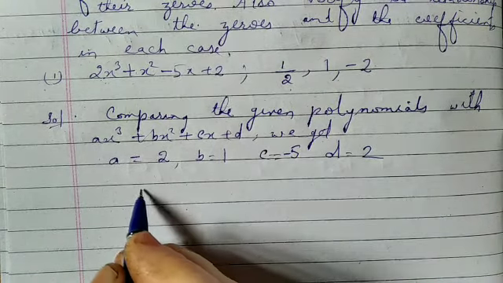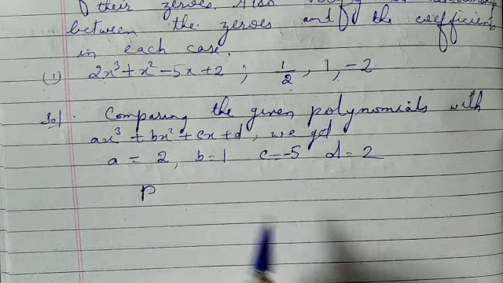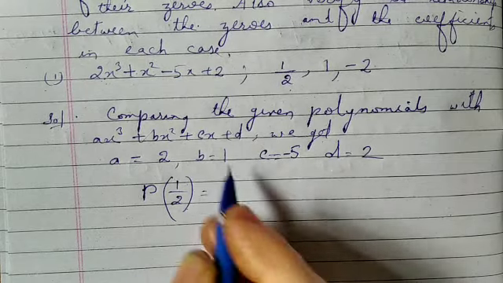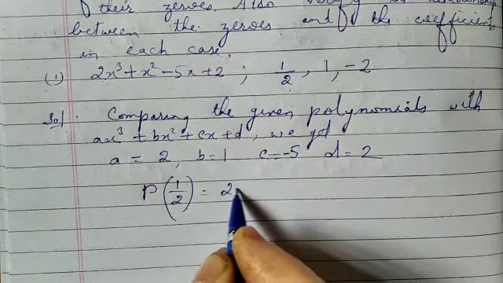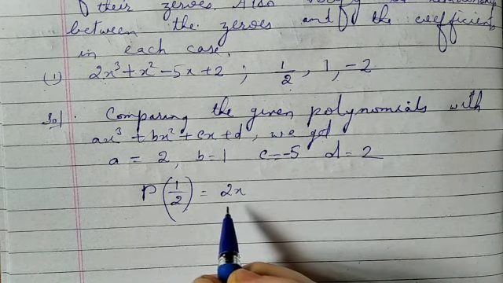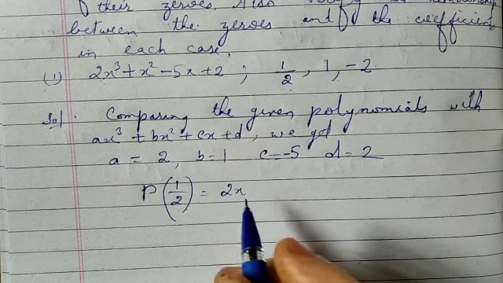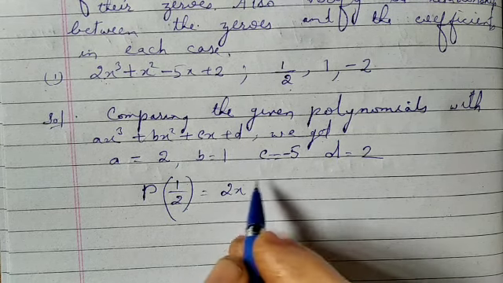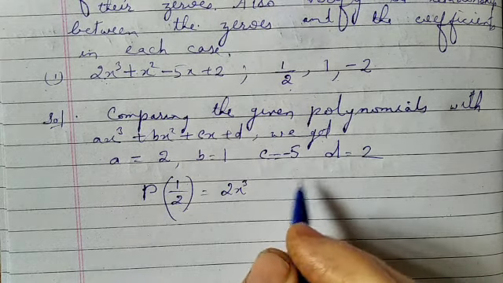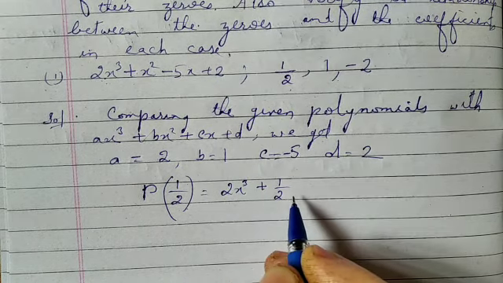Suppose this polynomial is p. Let us check 1 by 2. The polynomial is 2x cube plus x square minus 5x plus 2.